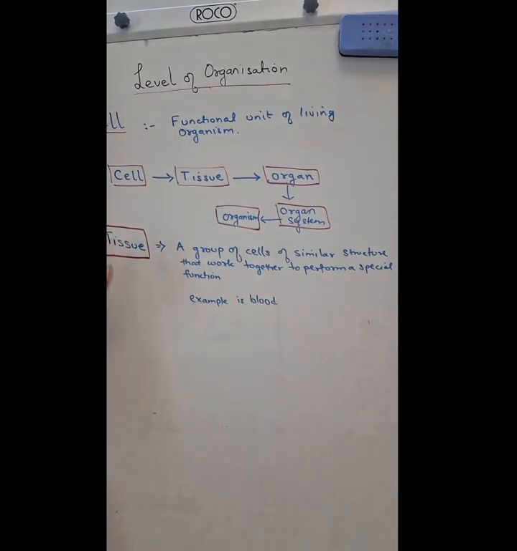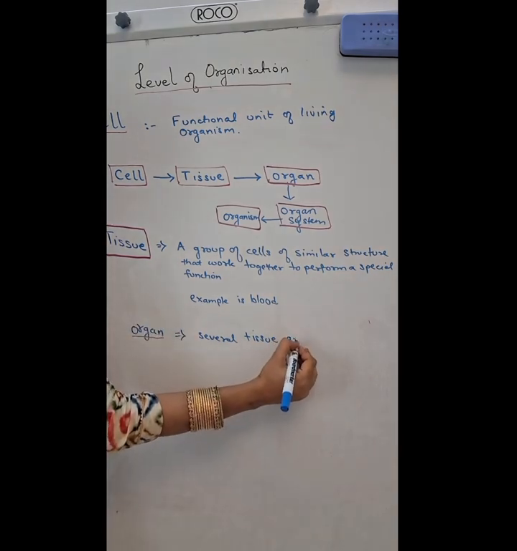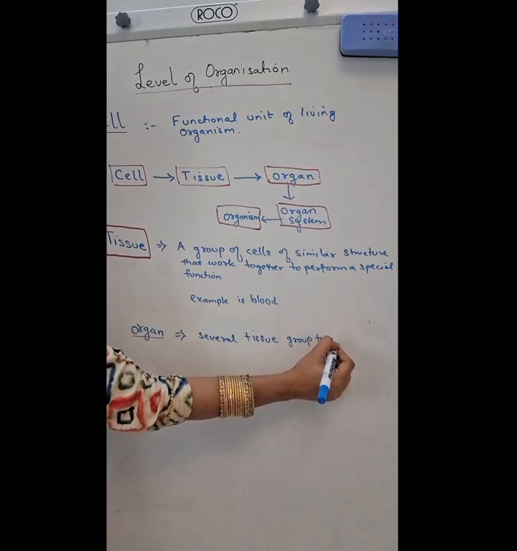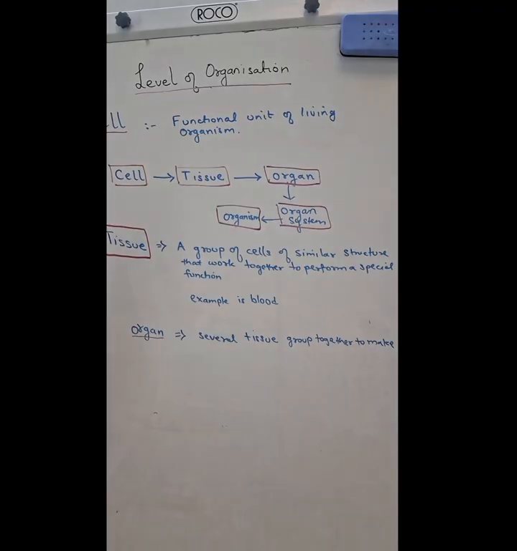Okay. Now, the next is organ. What is organ? Several tissue grouped together. So how we will understand organ? It is made up of several tissue. Okay. So several tissue grouped together to make a structure with a special function.